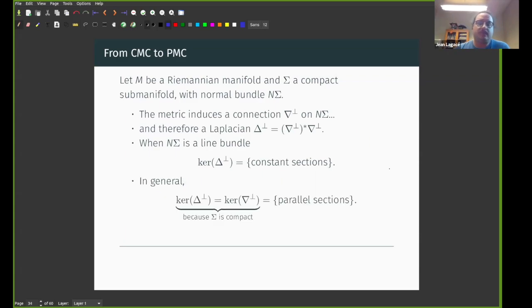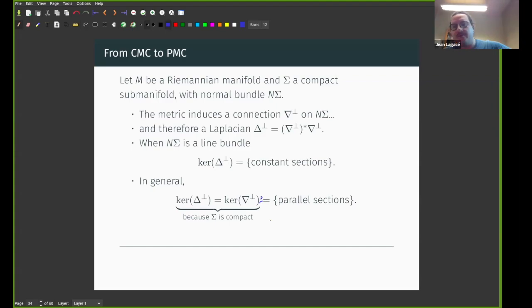In general, it is the parallel sections that are in the kernel of this normal Laplacian. And because Sigma is compact, in this situation, the kernel of this normal Laplacian is exactly the same as the kernel of the connection. And that's why we say they're parallel. If I try to transport that section along geodesics in Sigma, there will be no monodromy.